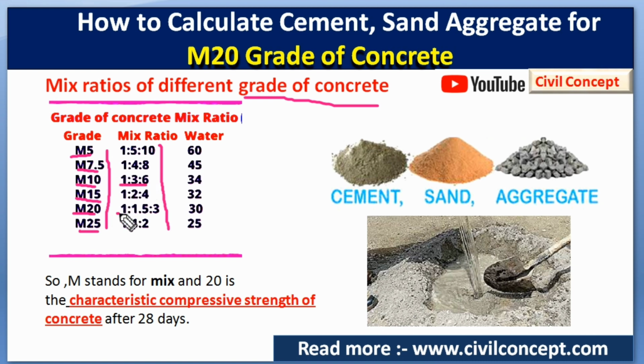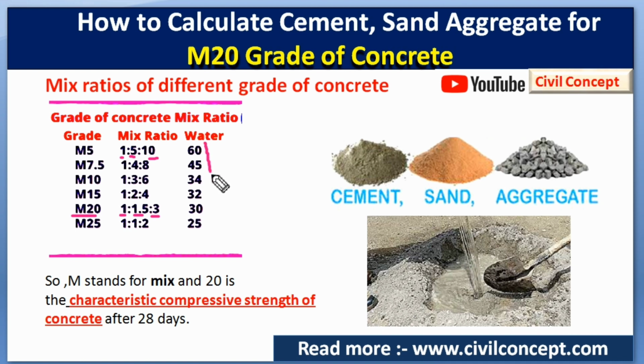For M20 1:1.5:3, M25 1:1:2. Okay, and these mix ratios are the part of cement, sand and aggregate. Okay, so if you are preparing the M20 grade of concrete, then we have the mix ratio as 1 part of cement, 1.5 part of sand and 3 parts of aggregate.